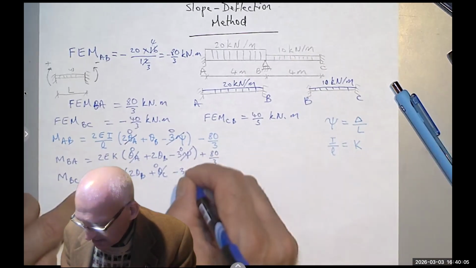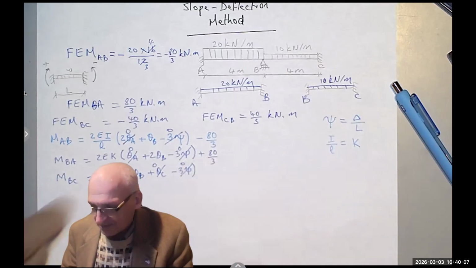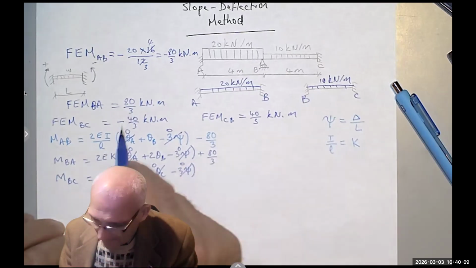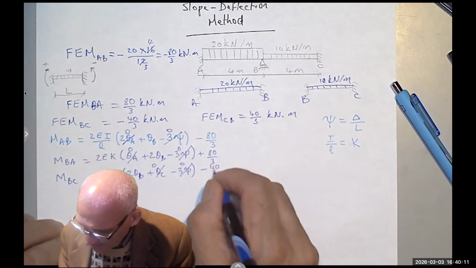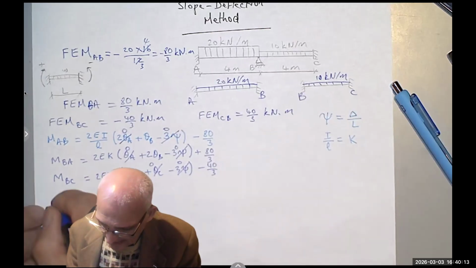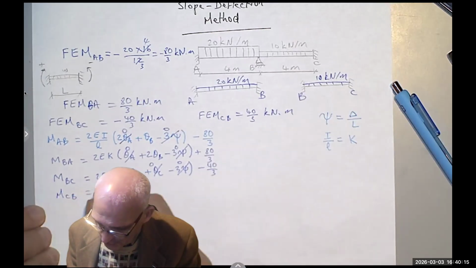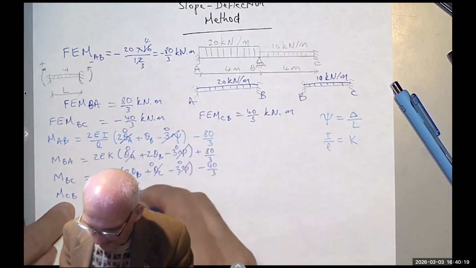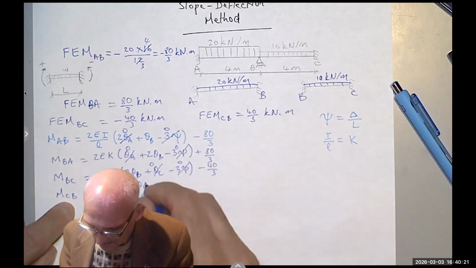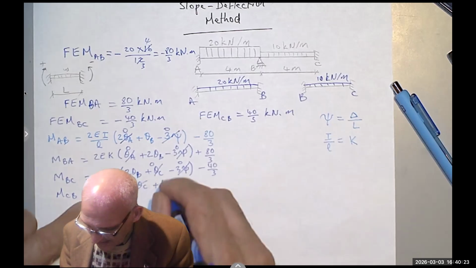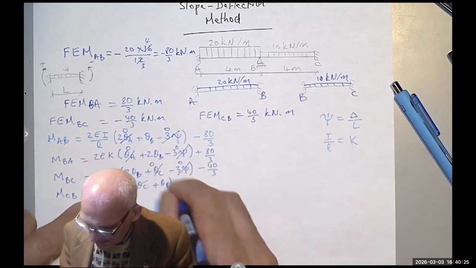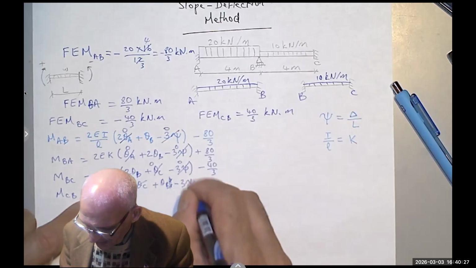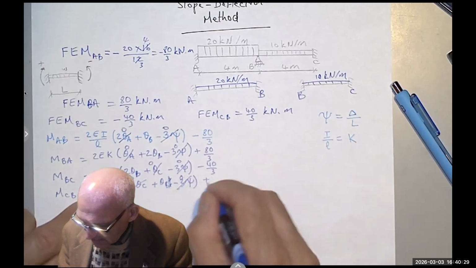Minus 3 psi, which is 0, minus 40 thirds. And finally, MCB is 2EK, twice theta C, which is 0, plus theta B, minus 3 psi, which is 0, plus 40 thirds.